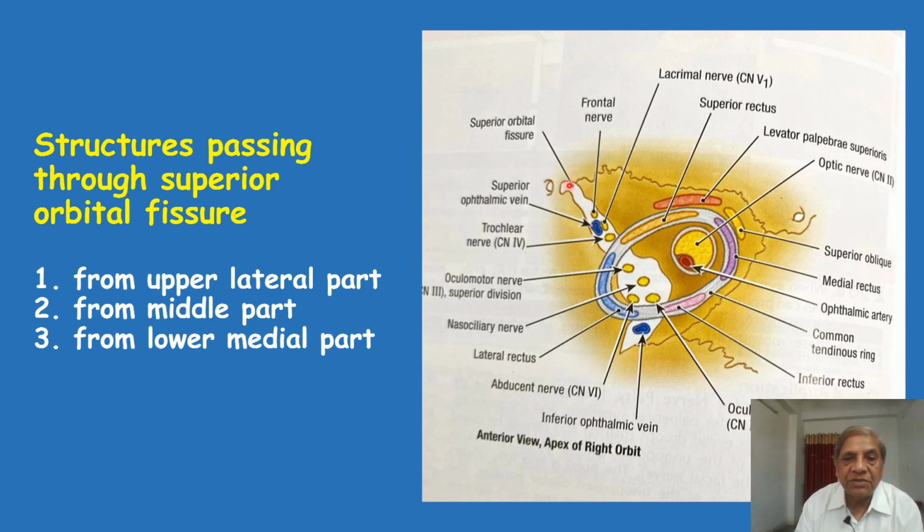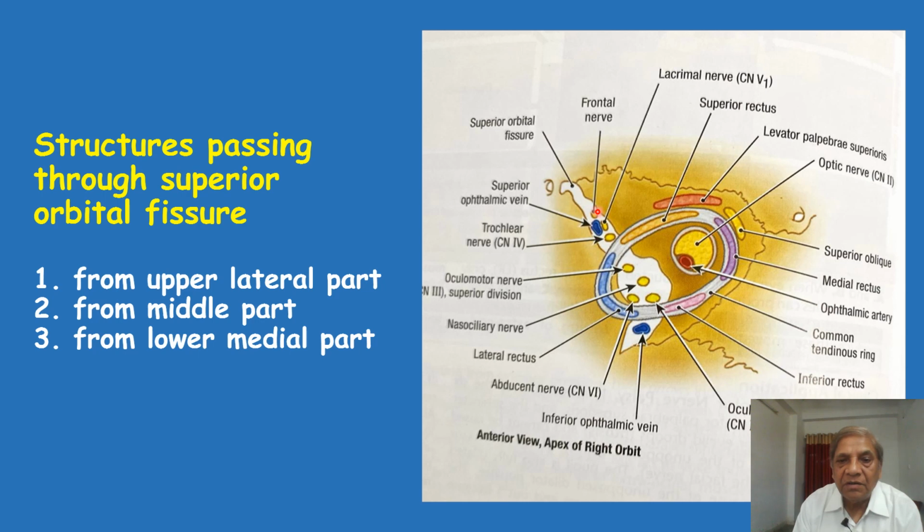What are the structures which are passing through the upper lateral part of the superior orbital fissure? There is the frontal nerve and the lacrimal nerve. Lacrimal and frontal nerves are branches of the ophthalmic nerve, which itself is a branch of the trigeminal.